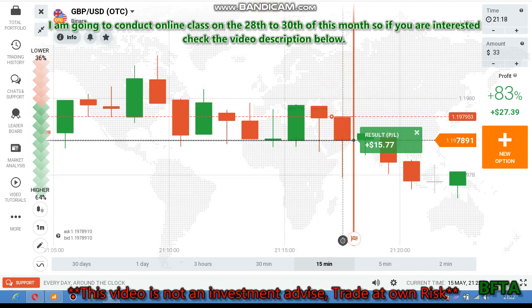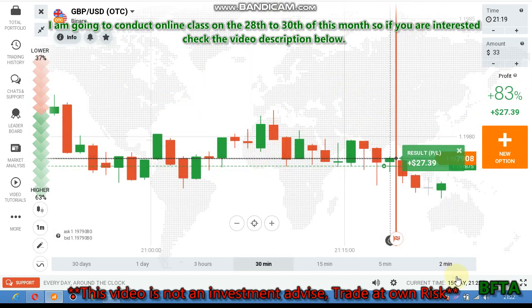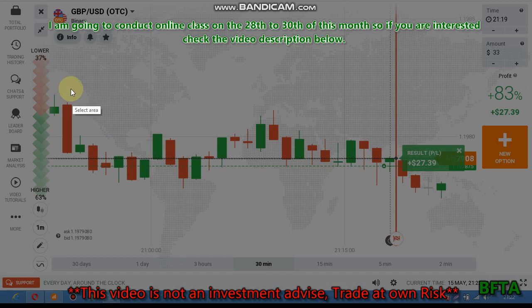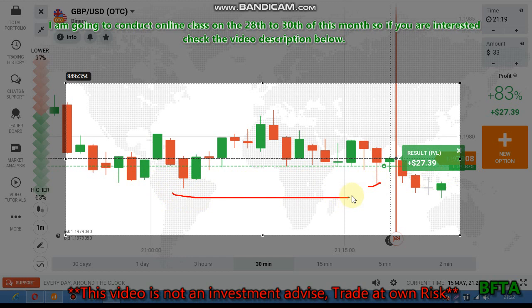Okay, and here I place a call option because you need to observe the market very well. In this kind of situation, we saw this new low. I wanted to go with sellers here, but when I look at the level psychologically, I noticed that it's still at the buyer's level. Assuming that it closed below this buyer's level, the sellers will enter.